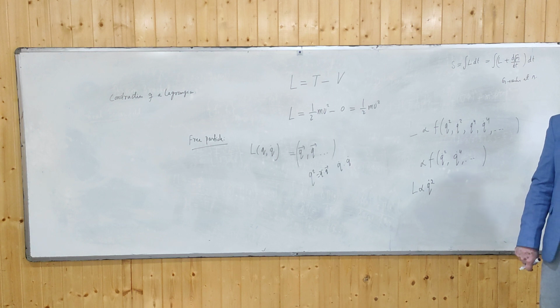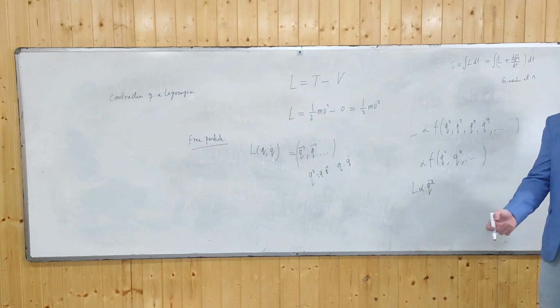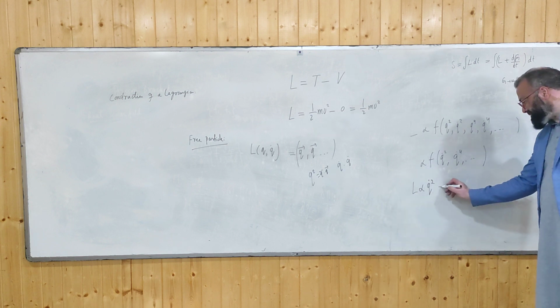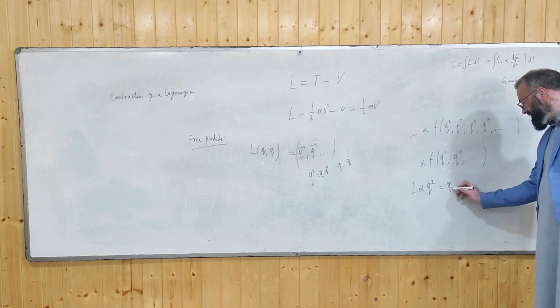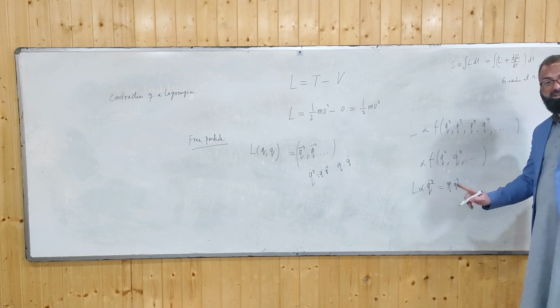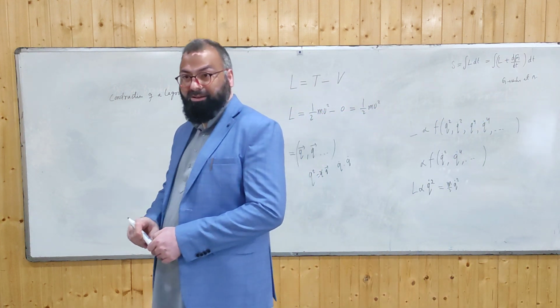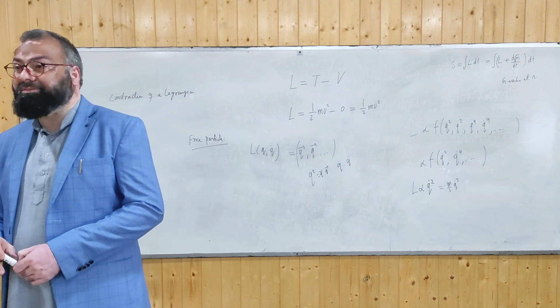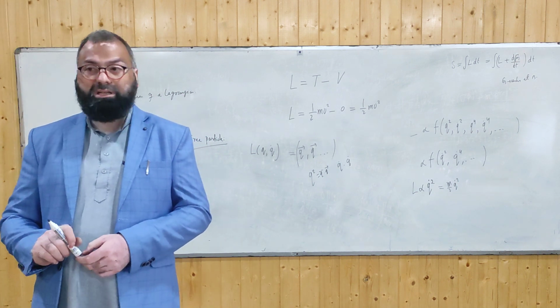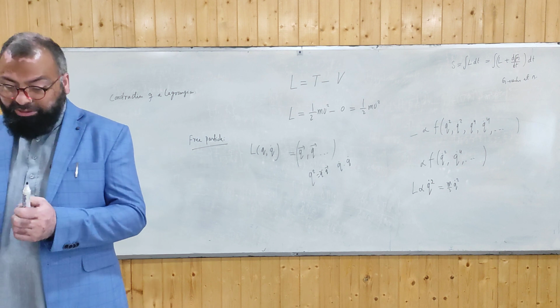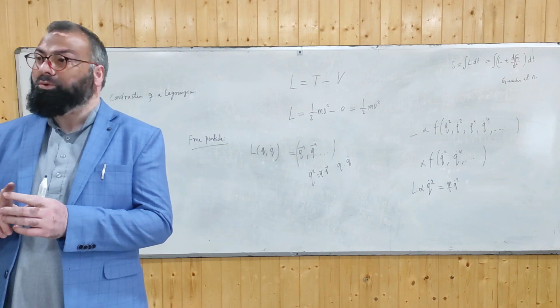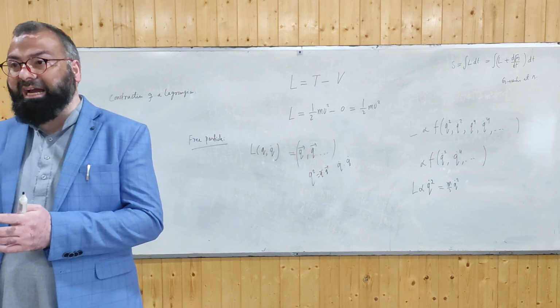Half of mv squared. So you remove the proportionality constant, you get that. This proportionality constant is adjusted from Newton's equation of motion. So you cannot fix these proportionality constants arbitrarily, because you need to check in which domain what kind of law governs the dynamics.